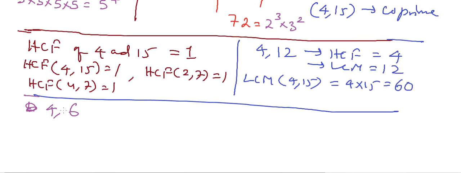They are not co-prime, because both have a common prime factor of 2. Because 2 is a common prime factor of both of these numbers, they are not co-prime. Also, one is not a multiple or a factor of the other, because 4 is not a factor of 6 and 6 is not a multiple of 4. So in that case, how to find HCF and LCM?